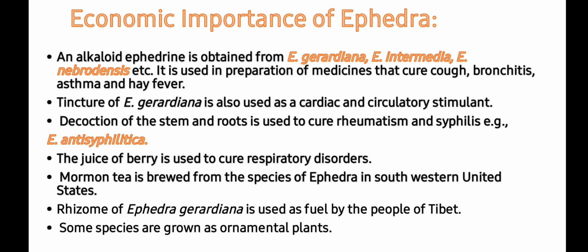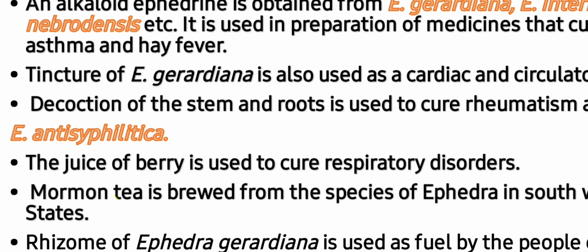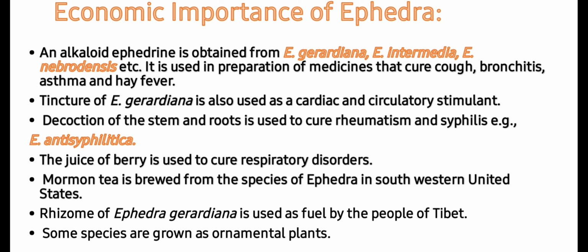Mormon tea is brewed from the species of Ephedra in southwestern United States. Rhizome of Ephedra gerardiana is used as a fuel by people of Tibet. Some species are grown as ornamental plants. Students, Ephedra antisyphilitica is used to cure rheumatism.